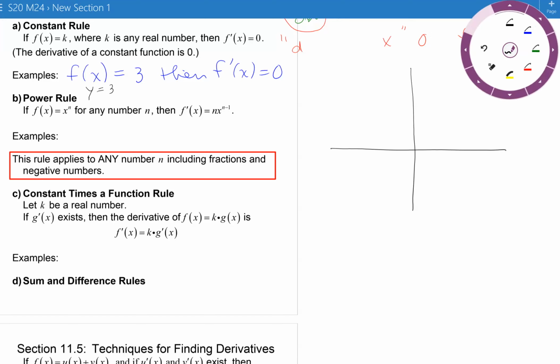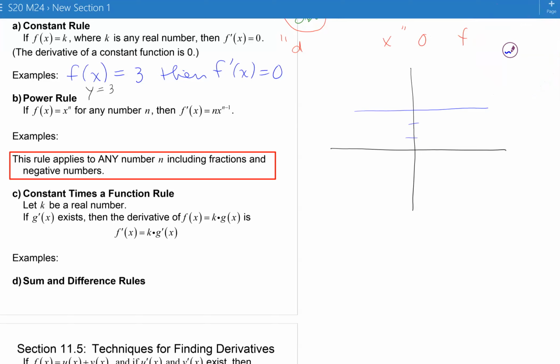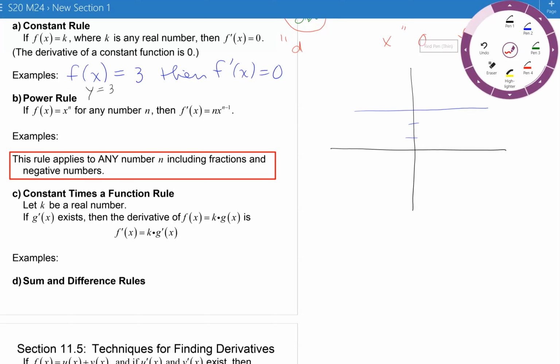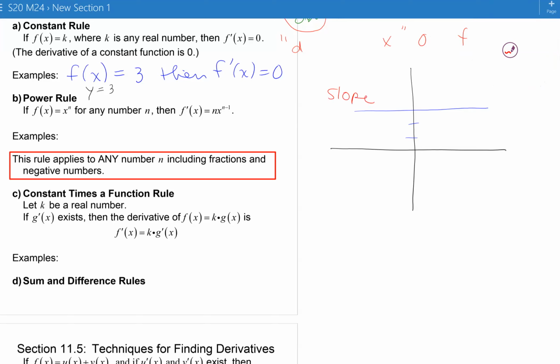So we'll draw the graph of y equals 3. Oh, it's a horizontal line. And what is the slope of a horizontal line? The slope is 0. Well, the derivative is the slope of a line for lines, right? So the derivative has to be 0 for a constant.